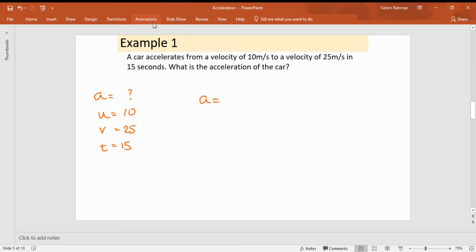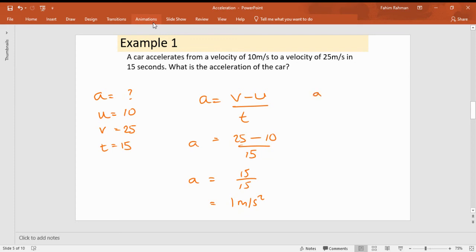So by putting it into the equation, we've got a equals 25 minus 10 over 15. So our acceleration is equal to 15 over 15, which is 1 meter per second squared.